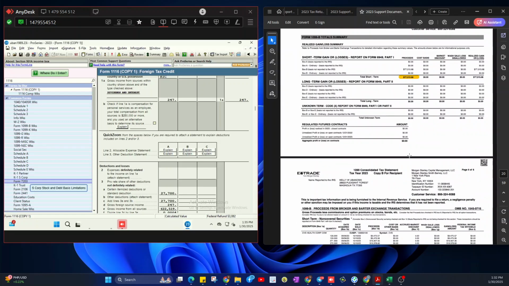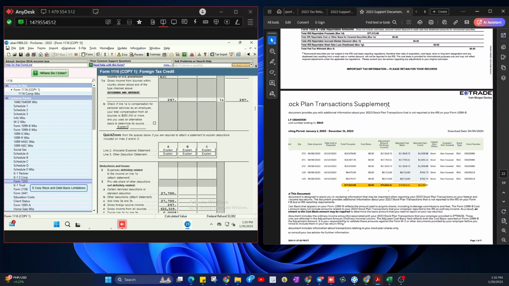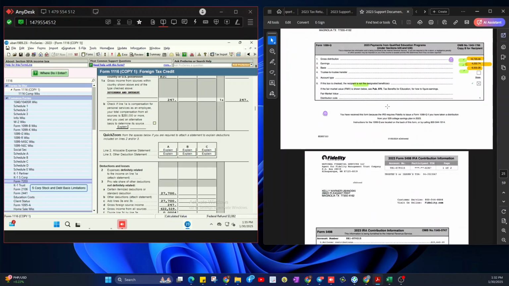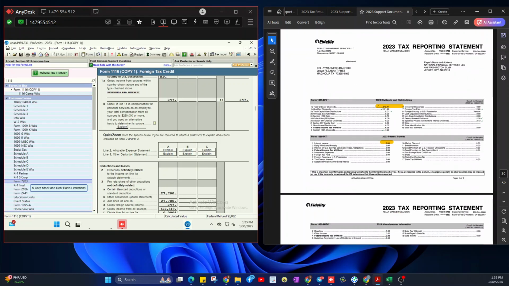42 plus 247. That's why I add it up. 242 plus 7. Total dividends and cash distribution.